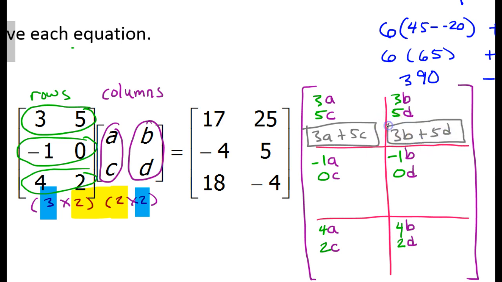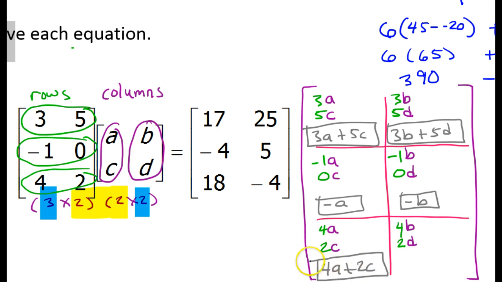And this is just going to be negative A, because 0C is just 0. So that just leaves negative A. Similarly, this will just be negative B, because 0 times D is just 0. And down here, I will have 4A plus 2C, and 4B plus 2D.